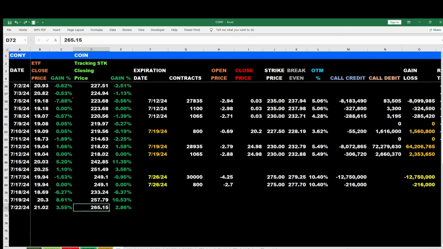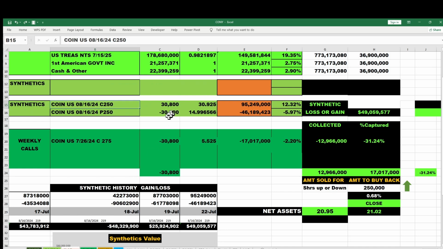So $10.15 constitutes the portion of 30.925. So you see there's a lot of time premium in there. So if we go all the way to 816 and we're at 265, then that's what it's going to be worth, $10.15, right? And then all this other is time premium.